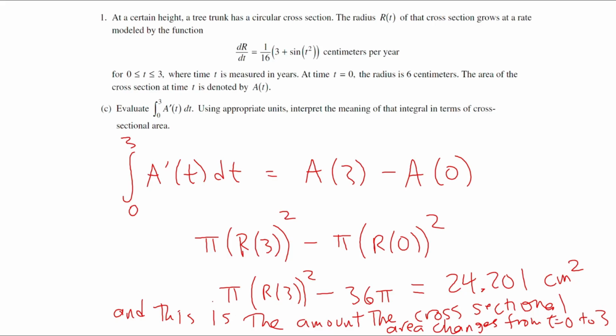And that is the end of this question. We got 3 points for that: 1 point for using the fundamental theorem of calculus here, 1 point for the value that we got, and 1 point for our explanation. And that's the end of this rate FRQ, question number 1 from the 2009 Form B AP Calculus AB exam.